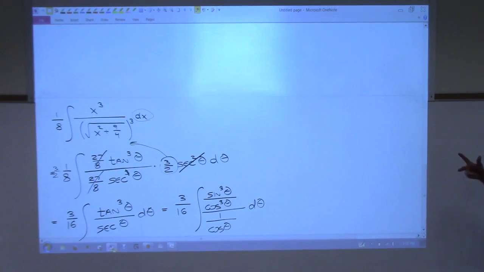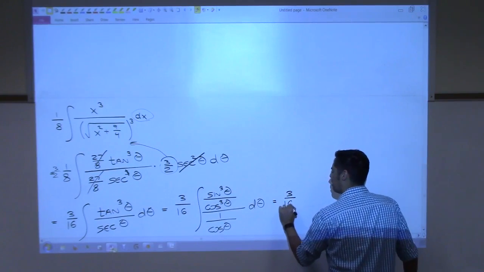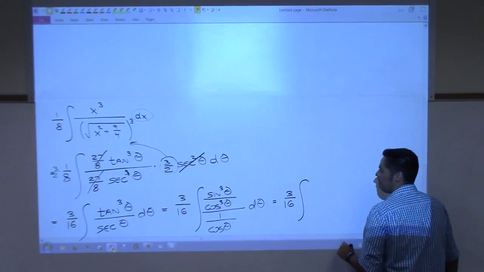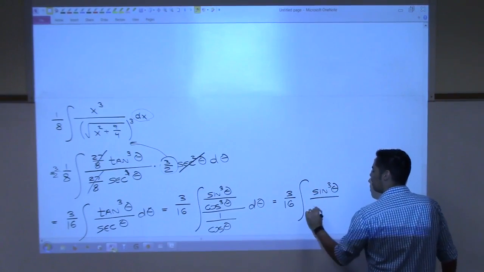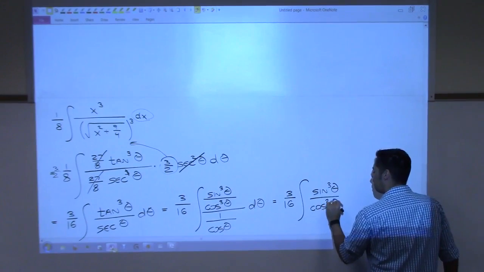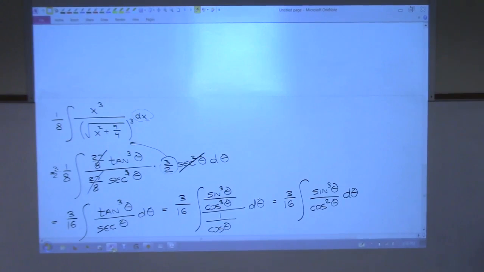Now I'm going to flip, and when I flip, all that's going to happen is I'm going to lose 1 cosine, right? So 3/16 integral sine cubed over cosine squared d theta. That good?